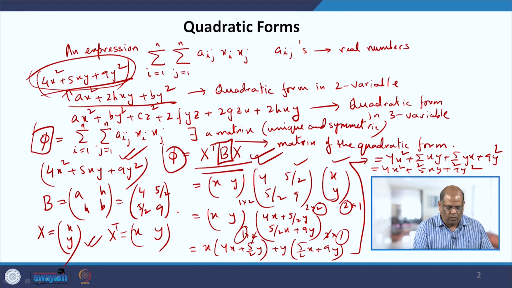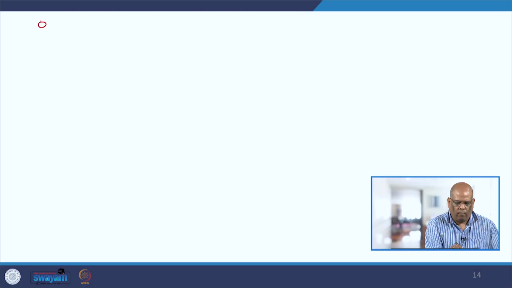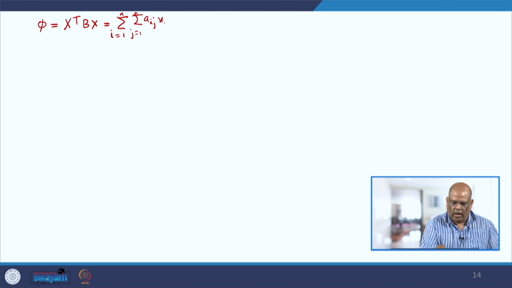Now, let us move on to the definition of positive definite. We write phi equal to x transpose bx, which is equal to summation i equal to 1 to n, summation j equal to 1 to n, aij xi xj.